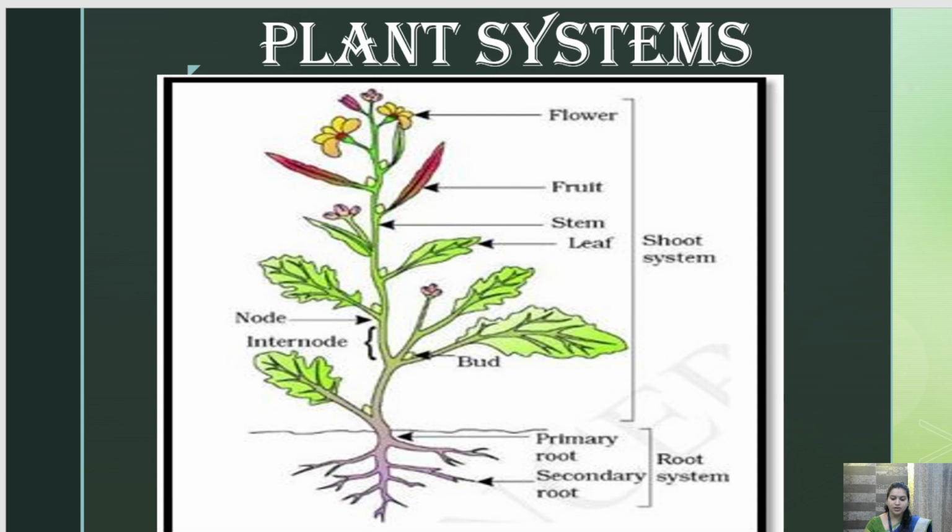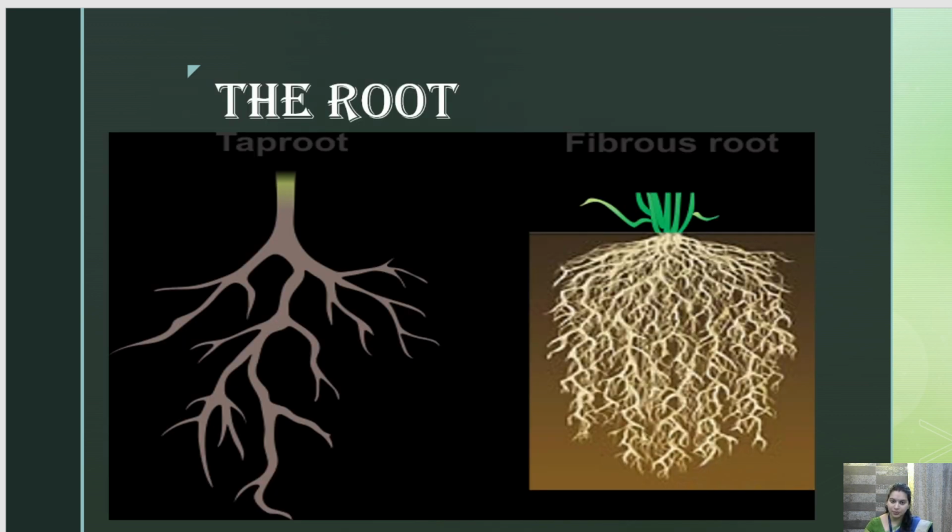So root, children, is basically present under the soil, that we all know. Now there can be two different patterns of root present. What are the two different patterns of root? Taproot and fibrous root.